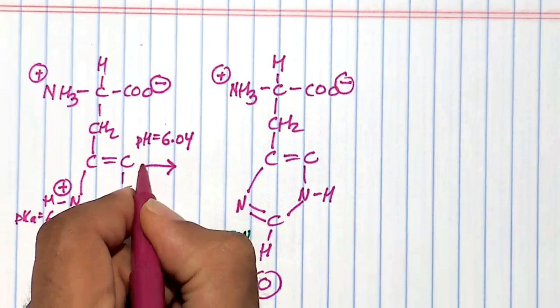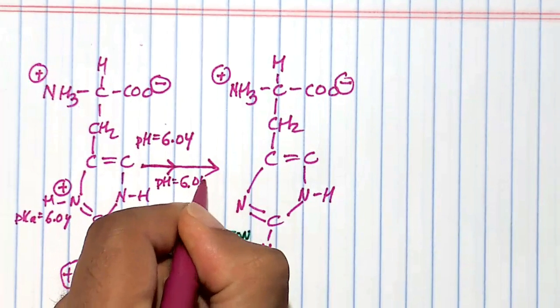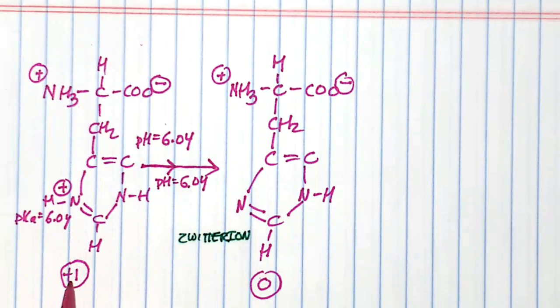Remember, at a pH of 6.04, 50% of the molecules are in the +1 state, 50% of the molecules are in the zwitterionic state. All right, so we're at the 0 form, the zwitterion form. What is next? Are there any other protons that could come off?